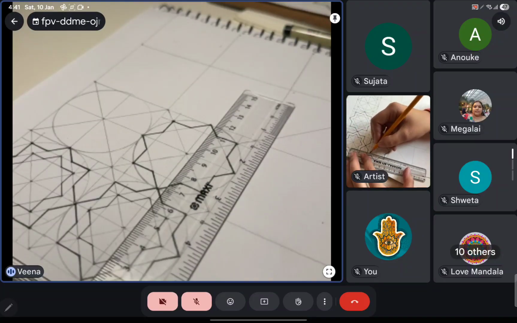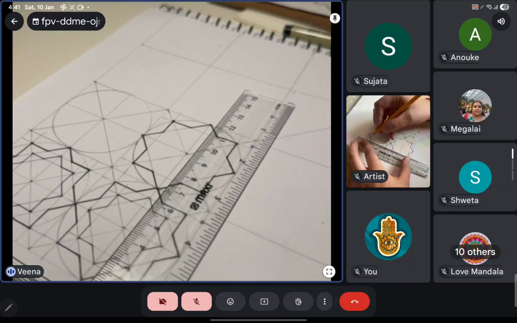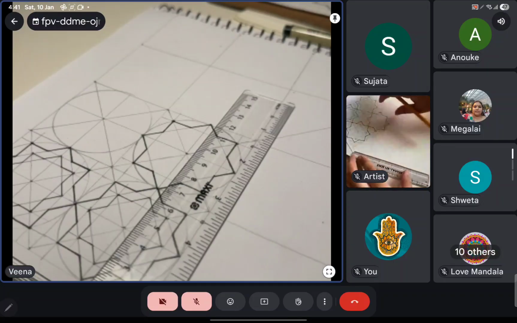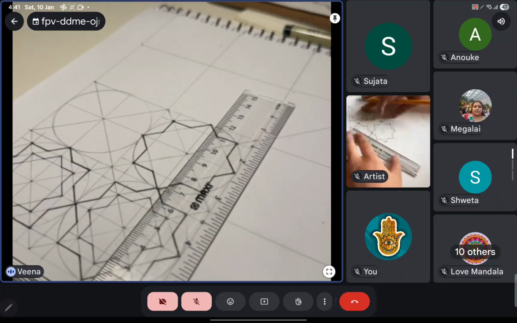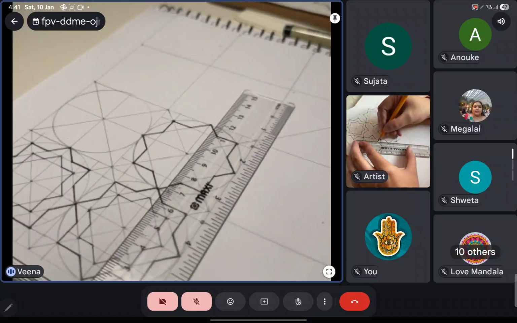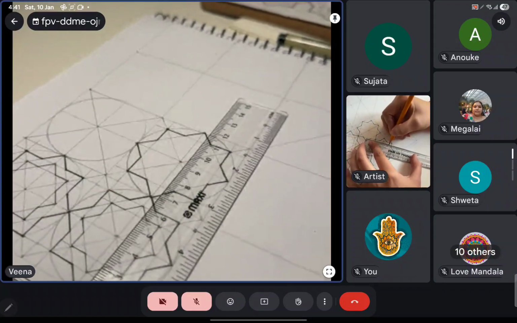Use the color pencils to mark the points, and that is why you need to take it a little slowly when you're doing it for the first time. You can keep referring to the initial one that we did. That will help you understand. Yeah, thank you, ma'am. That's all good.